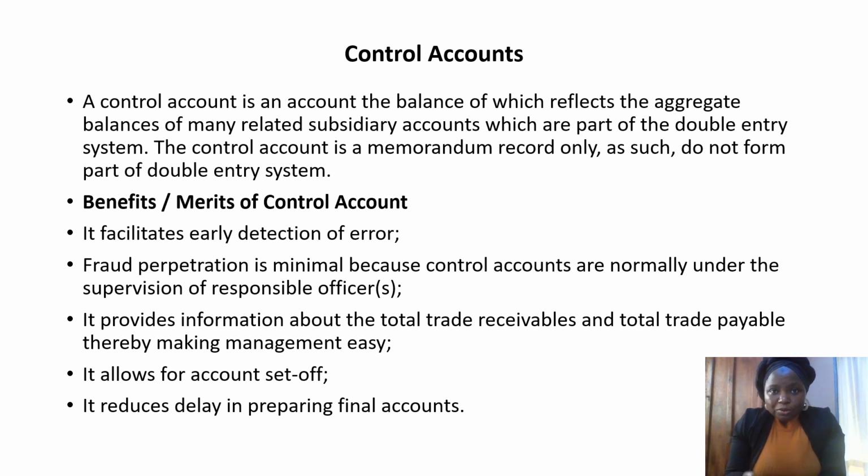By the time you add them, you should be able to arrive at the aggregate figure reflected by the sales ledger control account. So all other sub accounts, when you pull them together and cast their balances, should be equal to the amount reflected on the sales ledger control account.